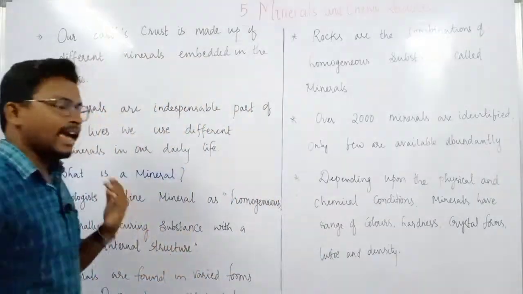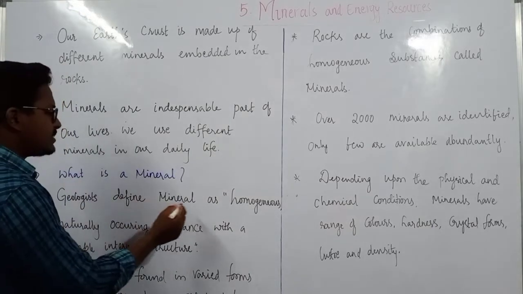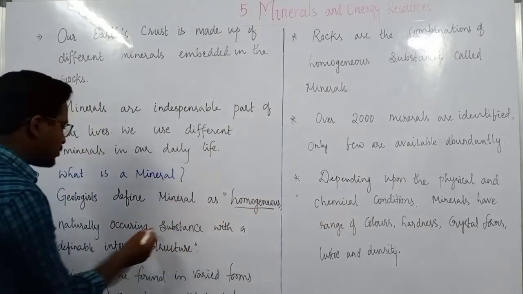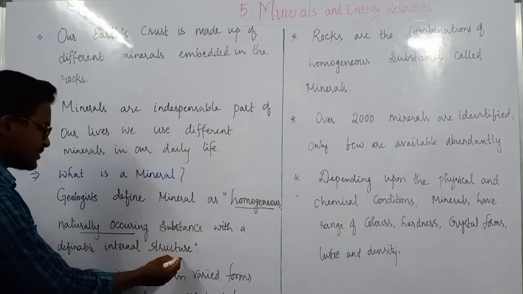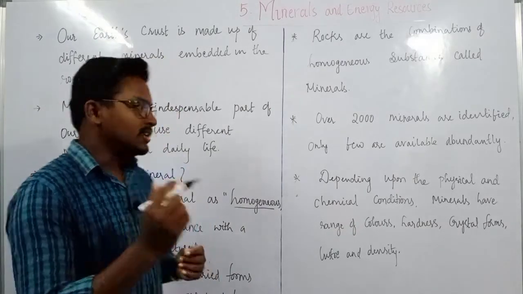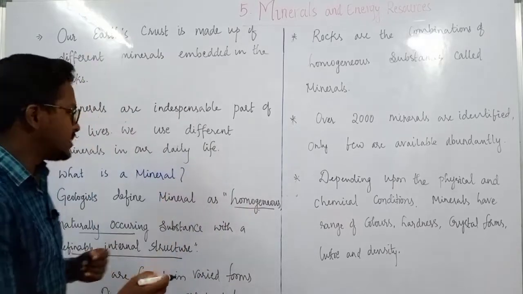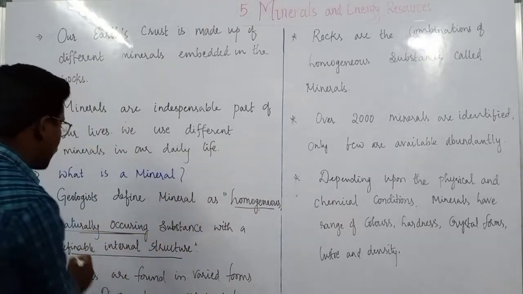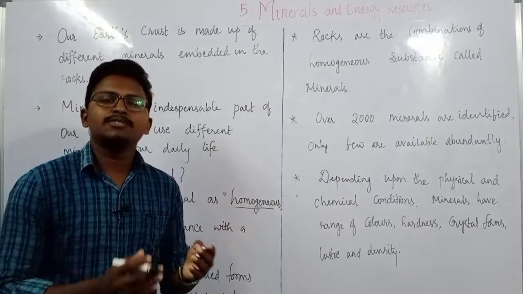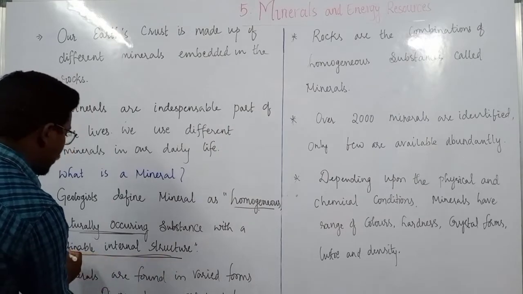Geologists define a mineral as a homogeneous naturally occurring substance with a definable internal structure. This means the mineral should be homogeneous, it should have the same properties, and at the same time it must occur in nature, or be extracted from nature, with a definable internal structure.